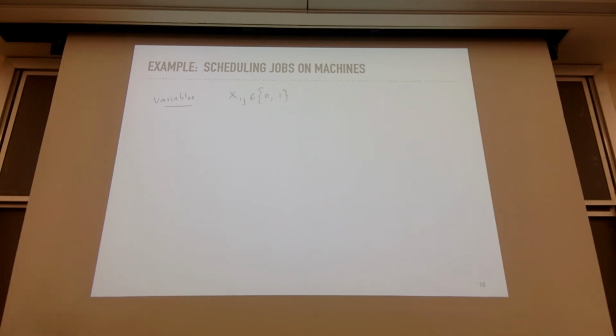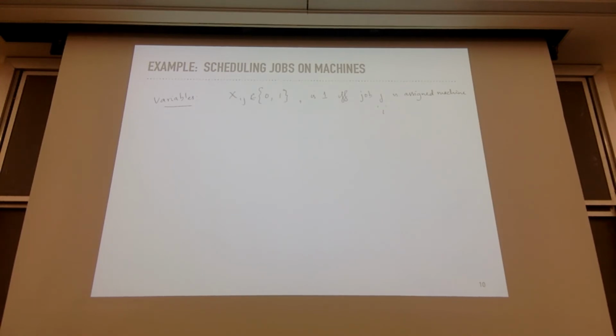The domain for each of these variables is 0, 1, and x_ij is 1 if and only if job j is assigned to machine i.